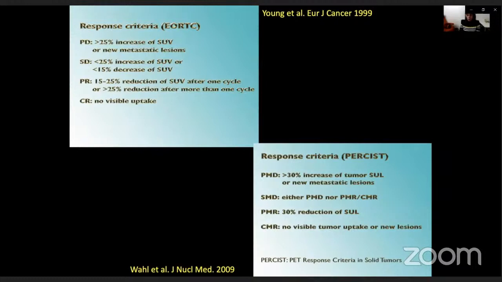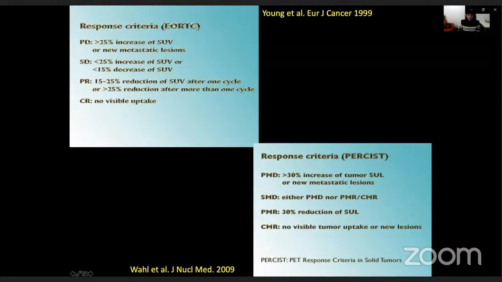The other set of criteria are the so-called PERCIST criteria, which were defined in 2009 by Richard Wahl et al. And also these criteria are based on solid tumors and chemotherapeutic approaches. The criteria are quite similar. A major difference is the different cutoff.